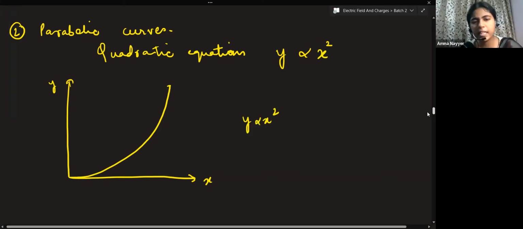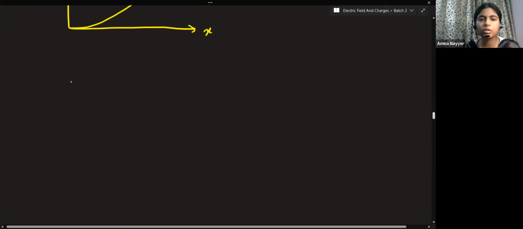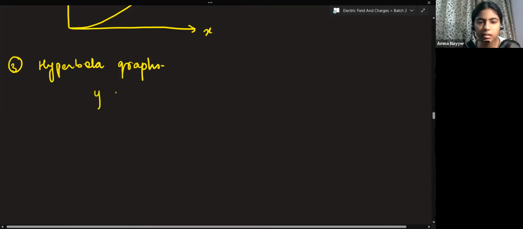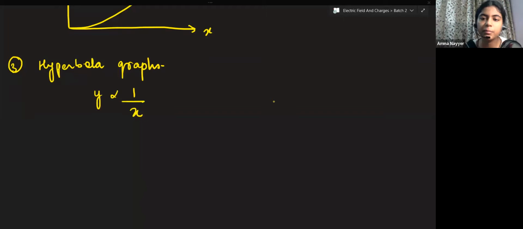Then one more type of graph that will be used in your syllabus. These are the hyperbolic graphs. See, in this, whenever the quantity is inversely proportional, in previous 2 cases, the quantities were directly proportional. In this case, the quantities are inversely proportional.